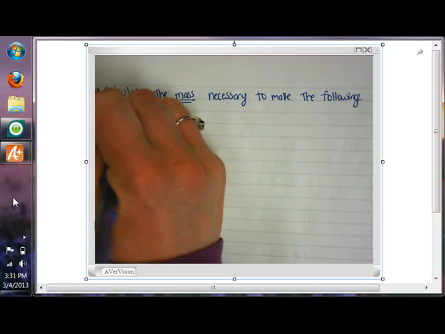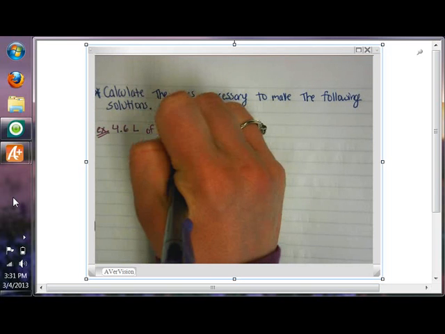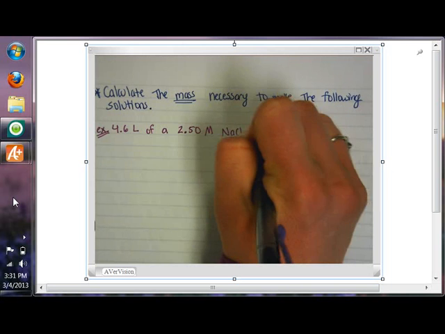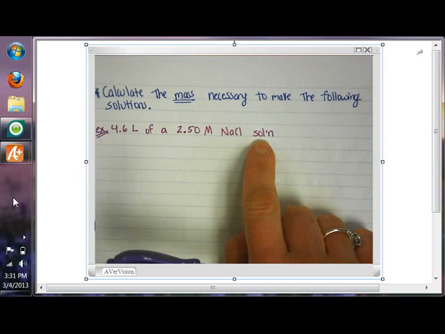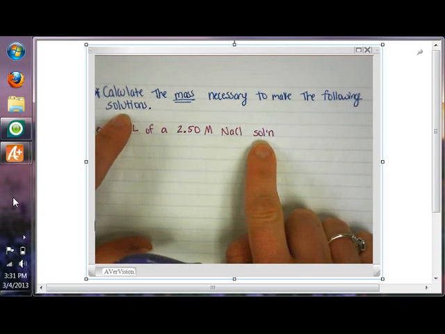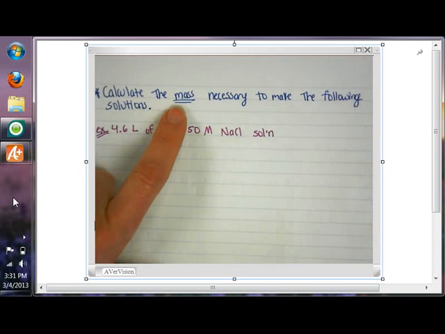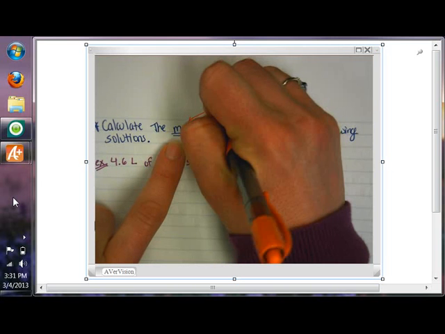So the first example that I'm going to give you guys is 4.6 liters of a 2.50 molar NaCl solution. That's my abbreviation for solution, so that way we just don't have to write out the words all the time. Okay. They want us to calculate the mass.